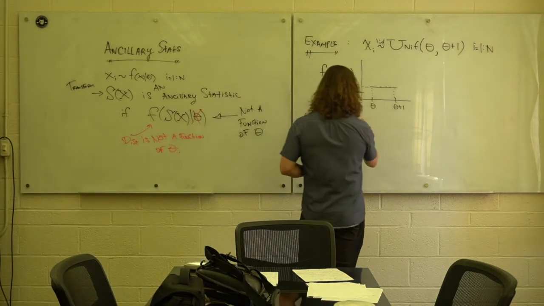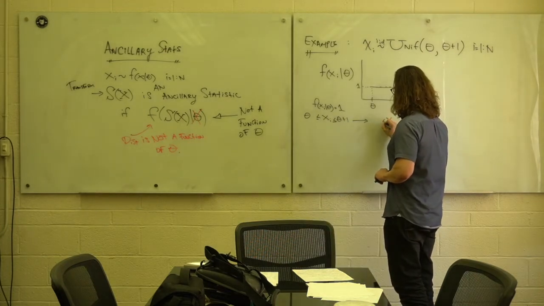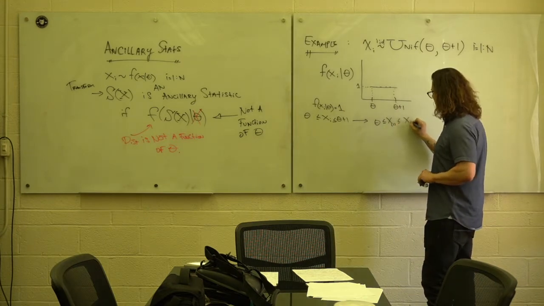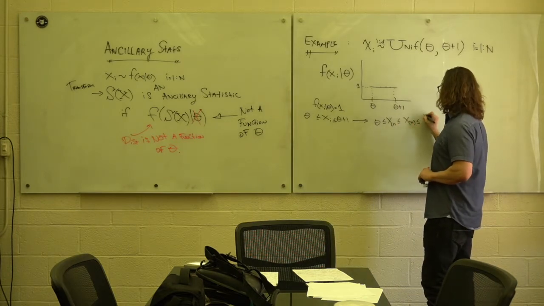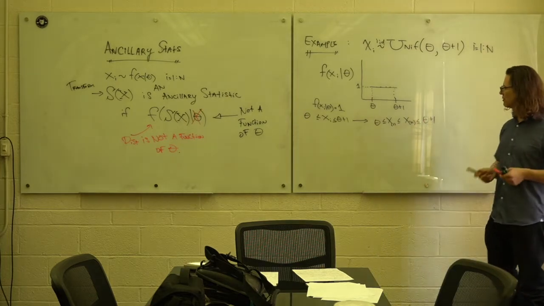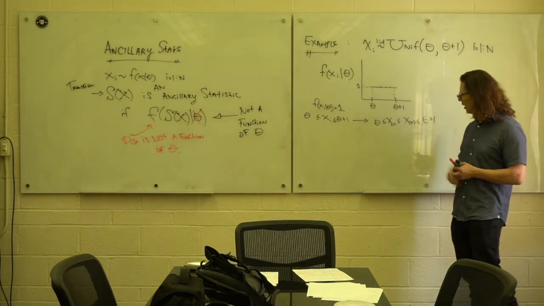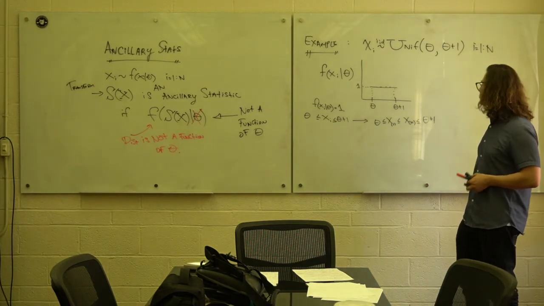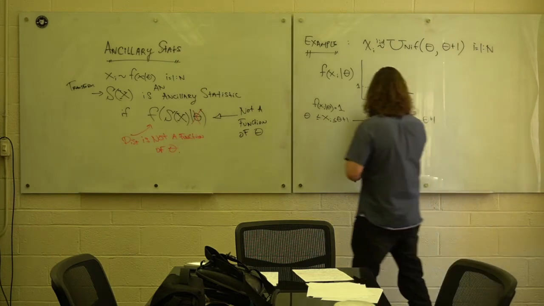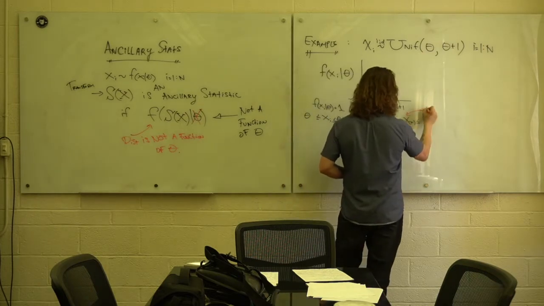We could write this down, that x1 is bounded by theta, is bounded by the maximum, which is bounded by theta plus 1. And so I don't even need all of the data to define this constraint. Rather, we just need the min and the max. So that's my min, and that's my max.